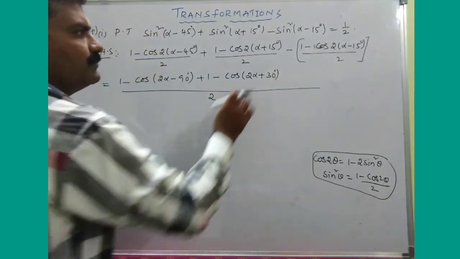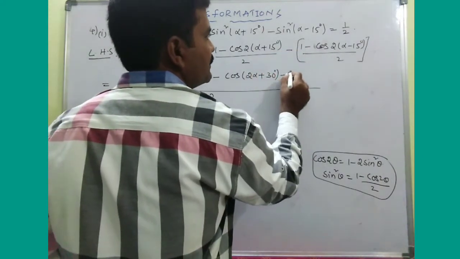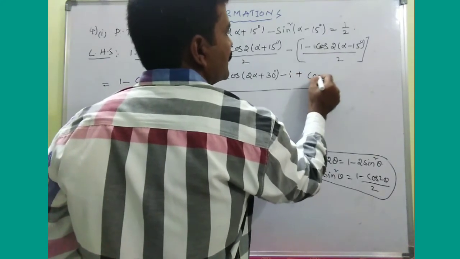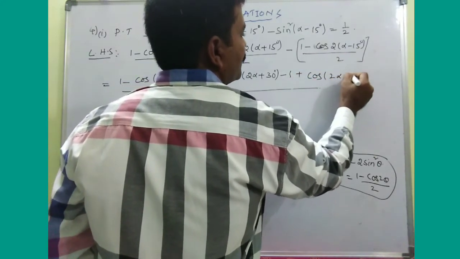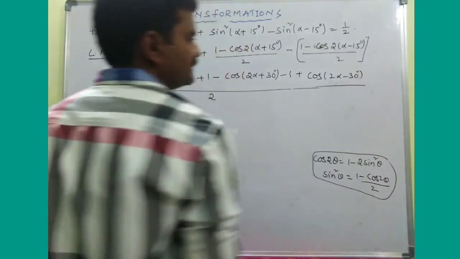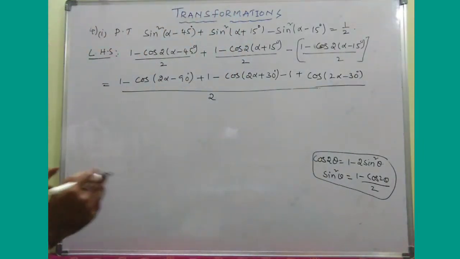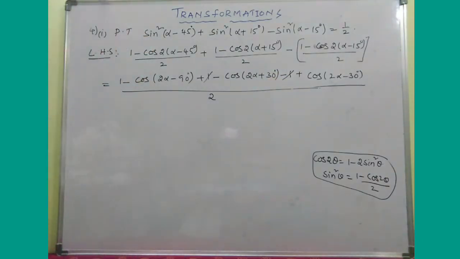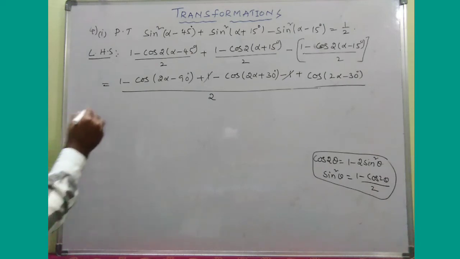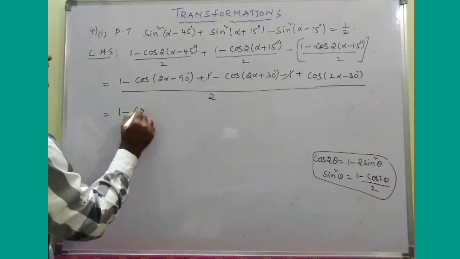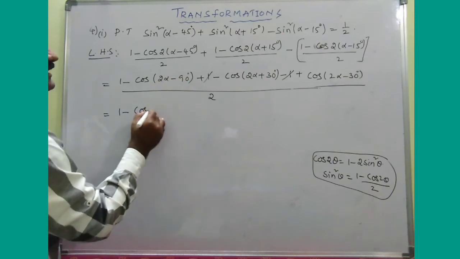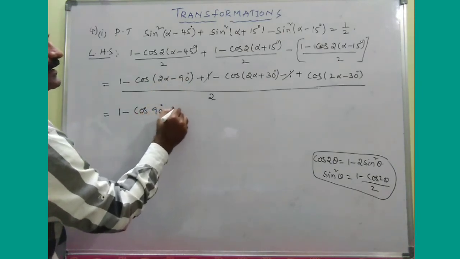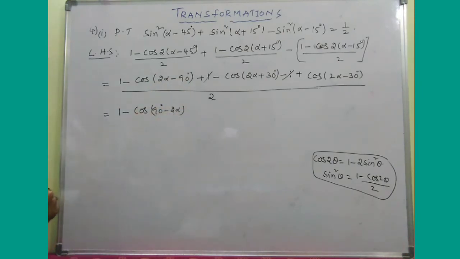Before this bracket there is a minus, so it becomes minus 1 plus cos of 2 alpha minus 30 degrees. See here, plus 1 and minus 1 get cancelled. Moreover, this is 1 minus cos of, I can take minus common, 90 minus 2 alpha, because cos of minus theta is anyhow cos theta.